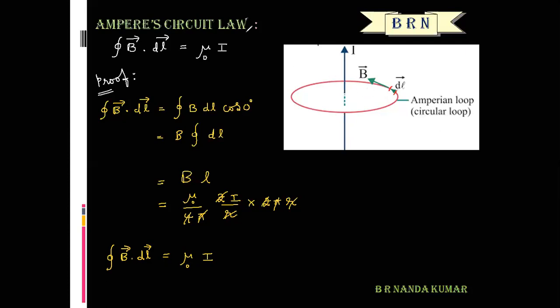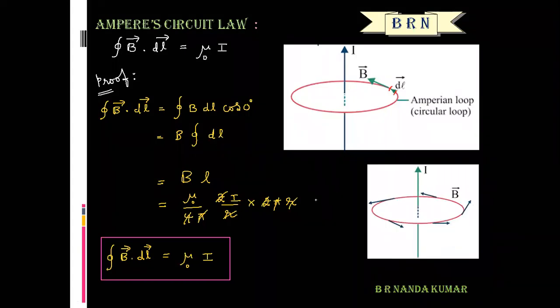So this is the proof for Ampere's circuit law: the line integral of magnetic field around any closed circuit is equal to mu naught times the total current passing through that closed circuit.